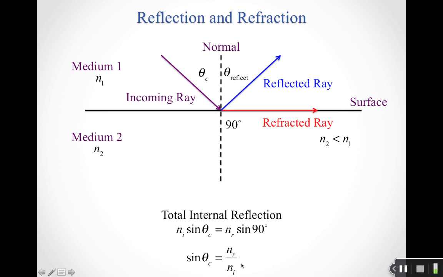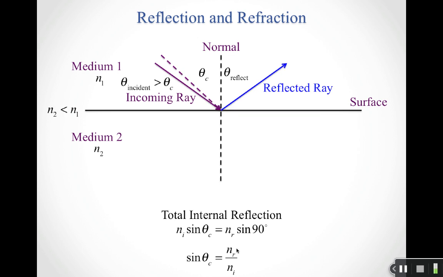Since the incoming ray is sitting in the higher medium, this ratio is always less than 1, which it has to be for sine theta to make sense. So this is why total internal reflection only occurs if my incoming ray is sitting in a higher index of refraction than the medium it's trying to go into.